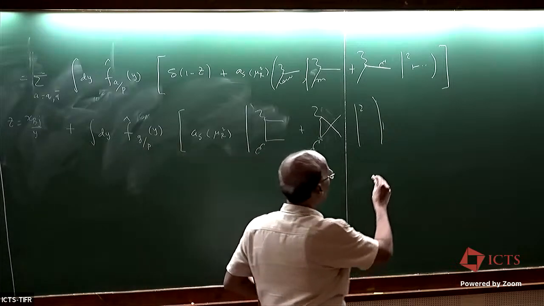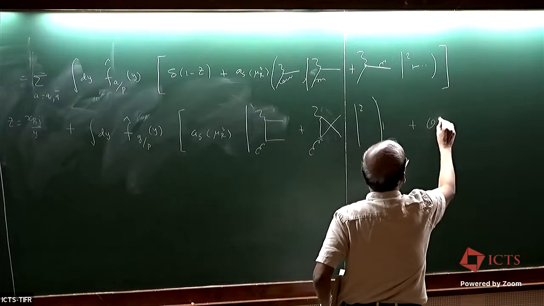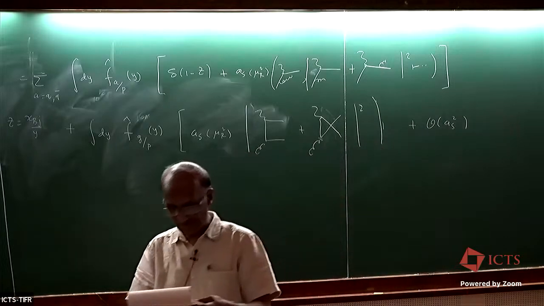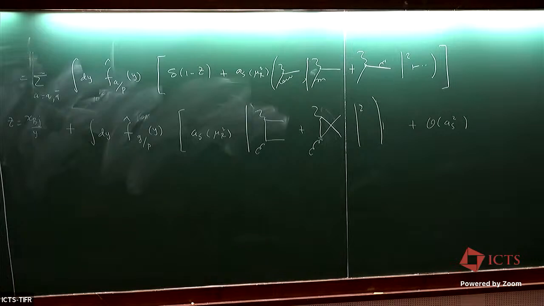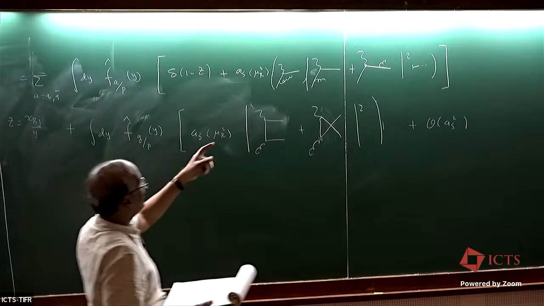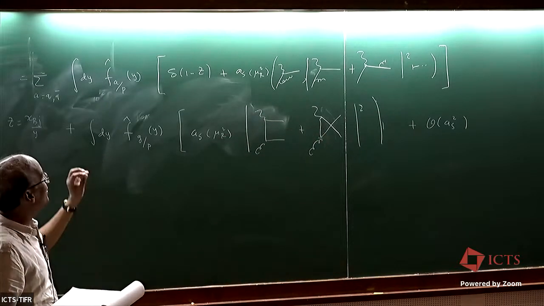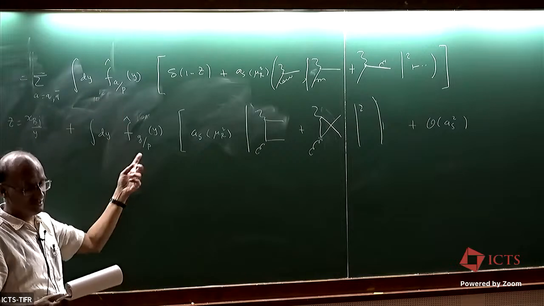Of course, I'm not adding terms which are order alpha_s squared. Those things I drop for simplicity. Now let's see what these contributions are and how the answers look. I'm doing this exercise because I'm going to show you something very interesting about these functions.